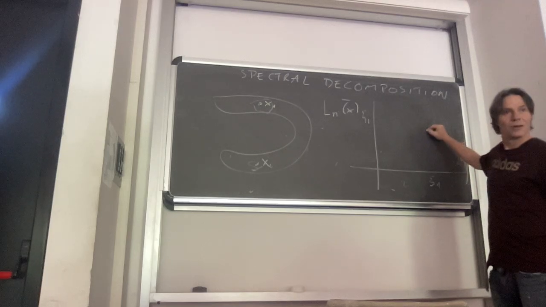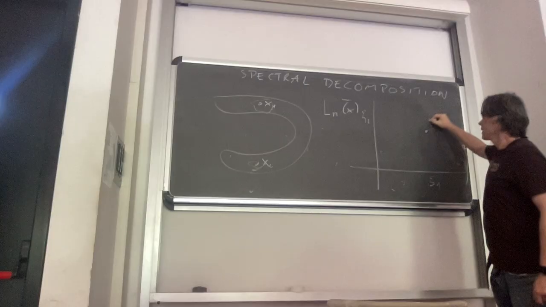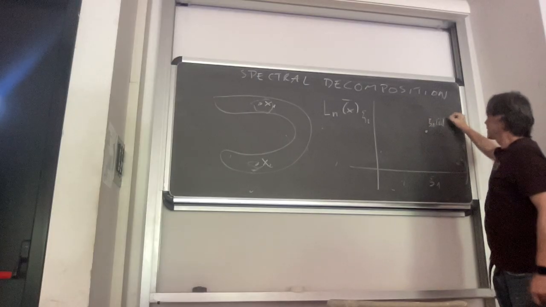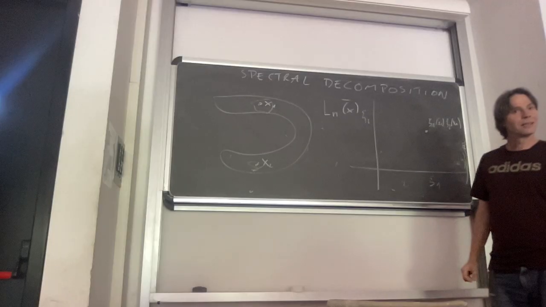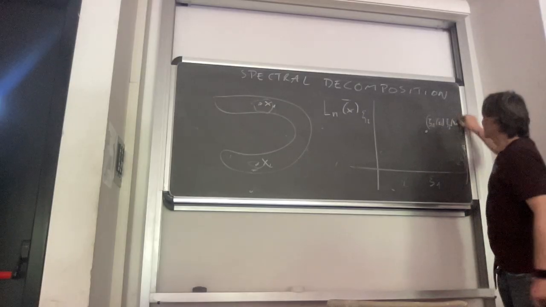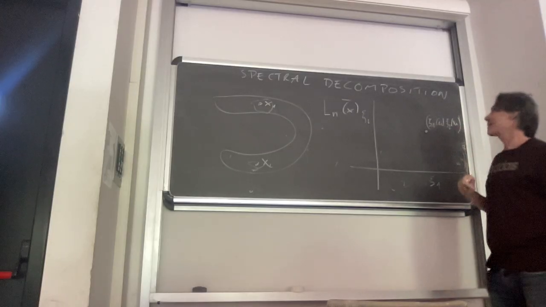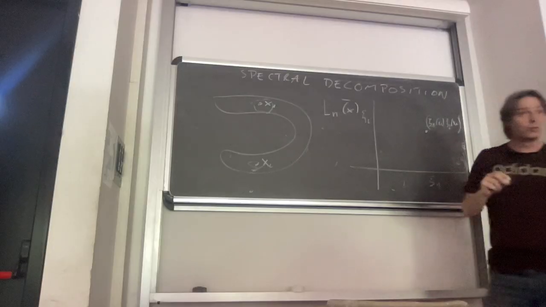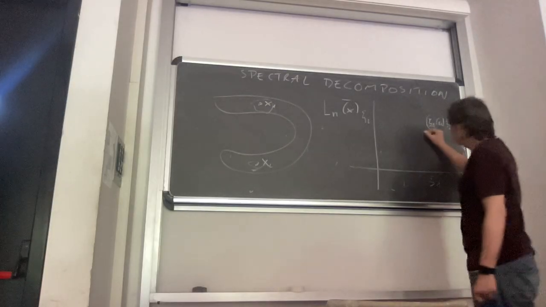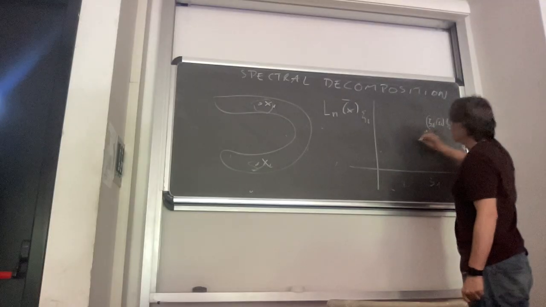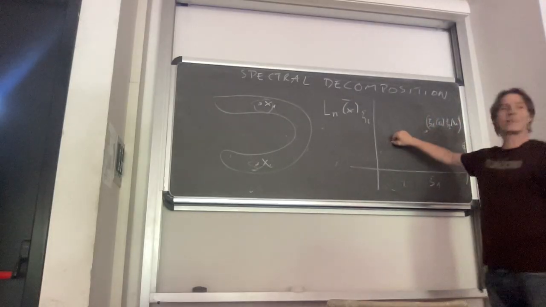One is the point psi1 of x1, psi2 of x1, and the other one is psi1 of x2 and psi2 of x2. Well, these 2 points, will they be close or will they be far?